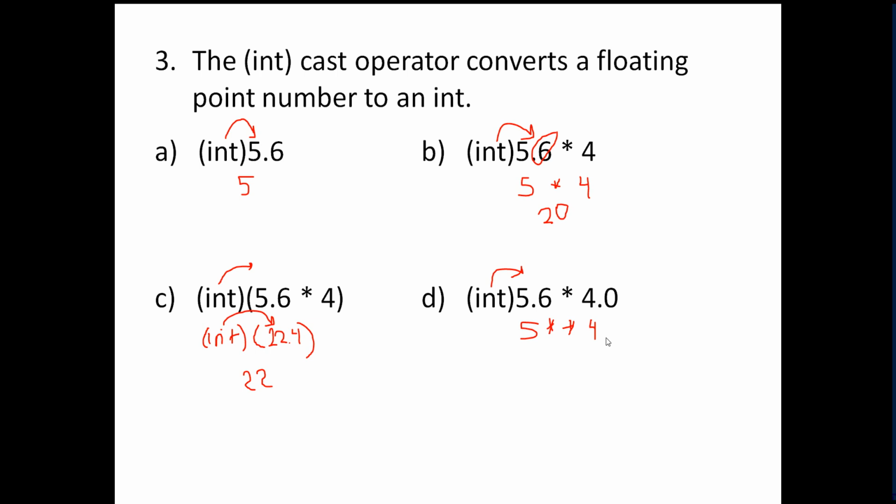So since you have a double in the problem, the result must be a double. So 5 times 4.0 is not 20, it's 20.0. All right, so that's how that works.